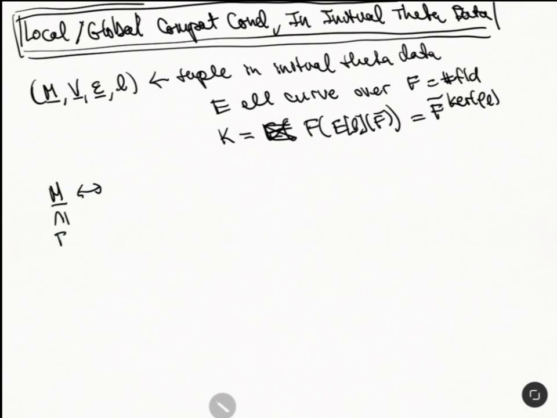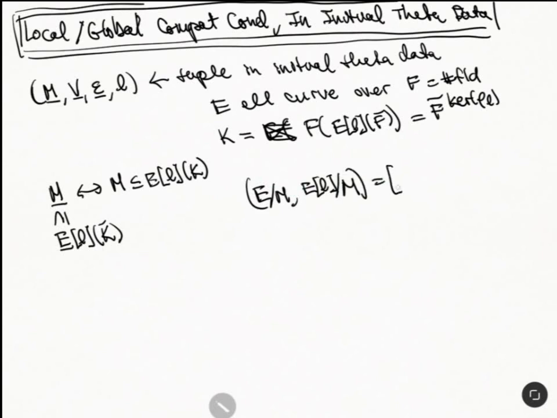M was a subset of E underline L K bar, and M was contained in E L K. And then these things were E mod M, comma, E L mod M. But this is what we called E underline M underline.